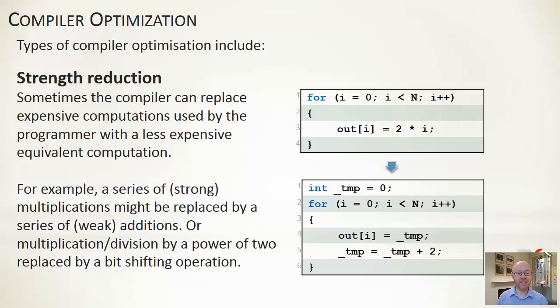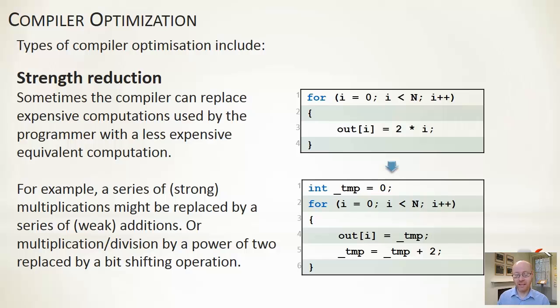If it sees a sequence of expensive computations, it may work out a different sequence of less expensive computations that will give us the same answer. So an example we have here is a for loop where we're storing some values within an array, and it's just 2 times I as we go down through that. A good optimizing compiler will be able to work out that 2 times I is basically the same as adding on 2 every single time we go through that.